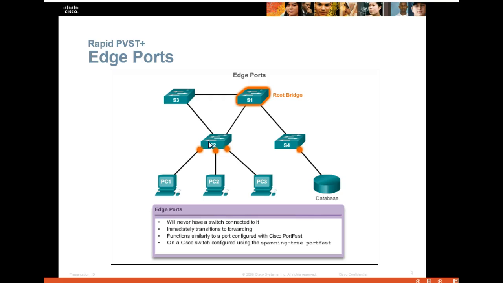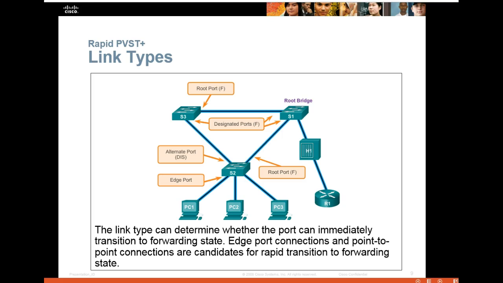In the previous versions of spanning tree, we would configure access ports or edge ports with a spanning tree portfast command. And that portfast, instead of going through the spanning tree 40 seconds when you boot a switch, they come up right away. But you had to make sure that no switch would ever be attached, because if it were, then it would go down.